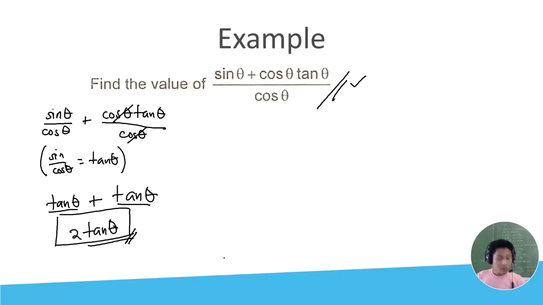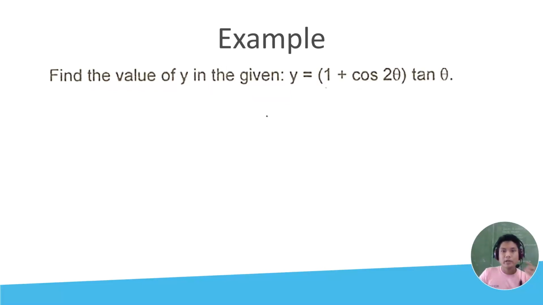Okay, next, find the value of y in the given: y equals 1 plus cosine 2 theta, to be multiplied by tangent theta. So we have a double angle here, cosine 2 theta. So if I'm going to rewrite it, (1 plus cosine 2 theta) tangent theta.